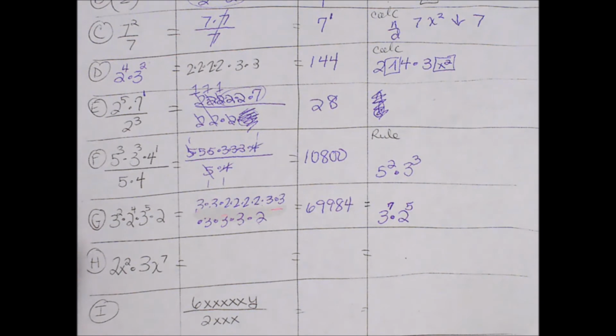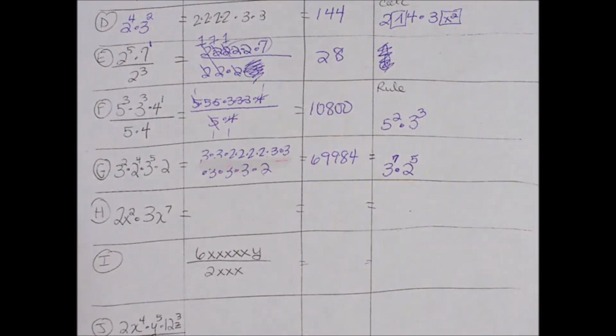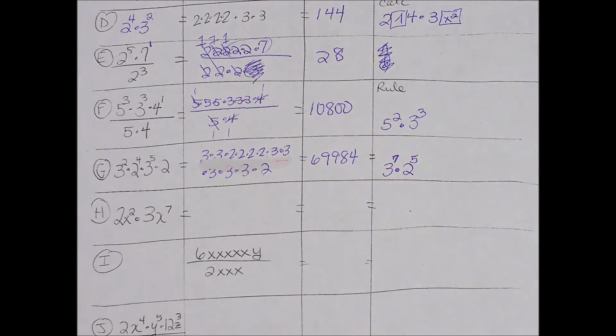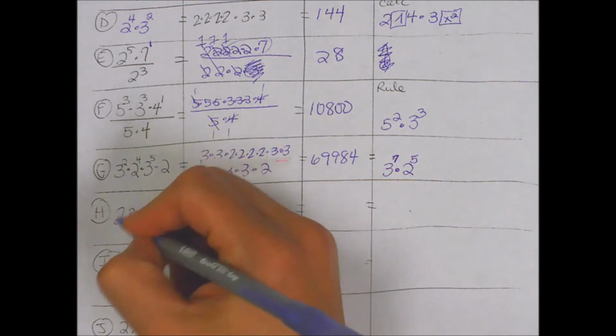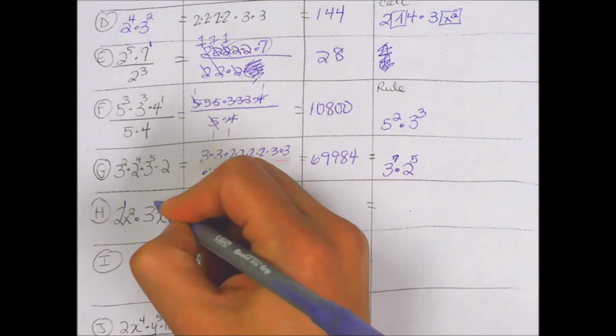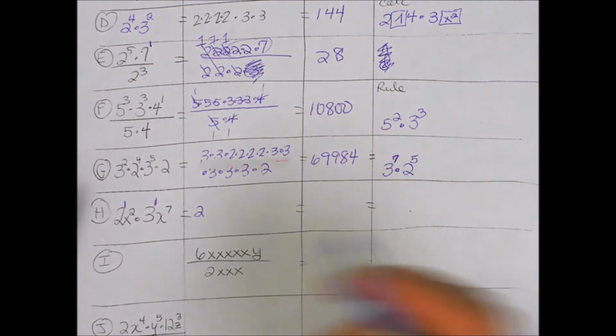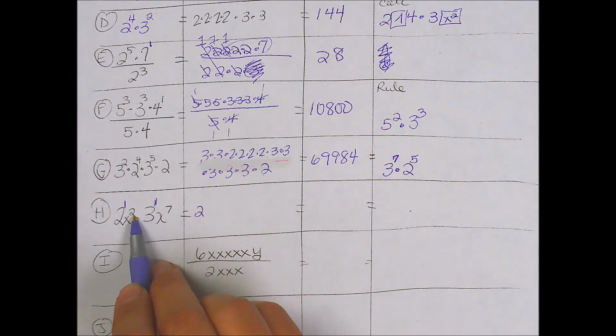Okay, so let's do H, which is a little different because I have letters in it. Is there an exponent on the 2? You're saying no, you don't see one. But it's kind of like a denominator, even though you don't see a denominator. There's still a denominator there, and that's 1. How many 2s are there? There's 1. Let's write that in. And 1, 3. So it's 2, and the squared belongs to the x.